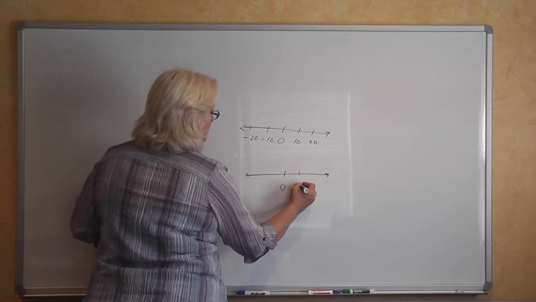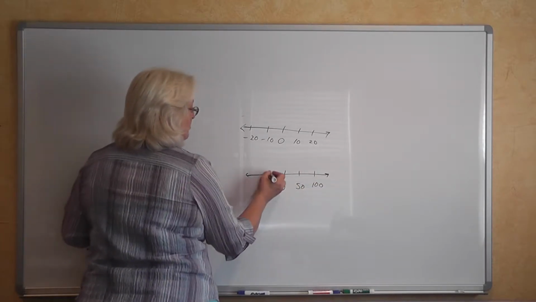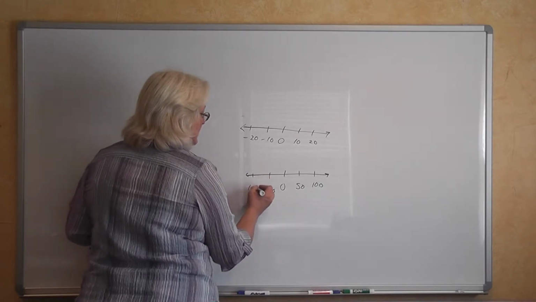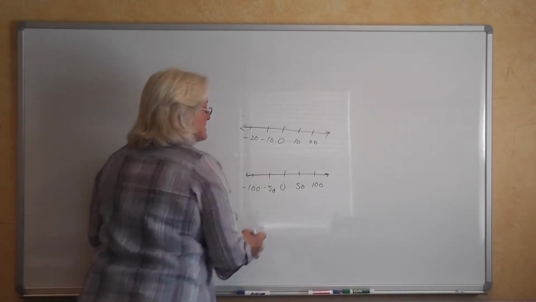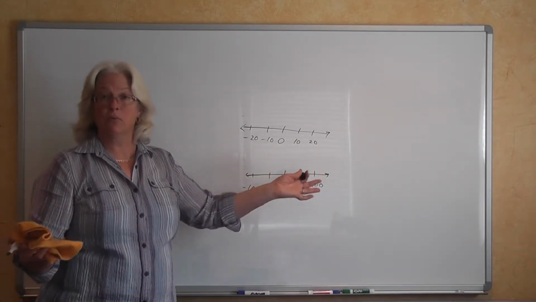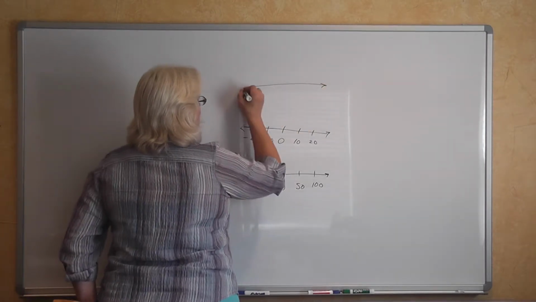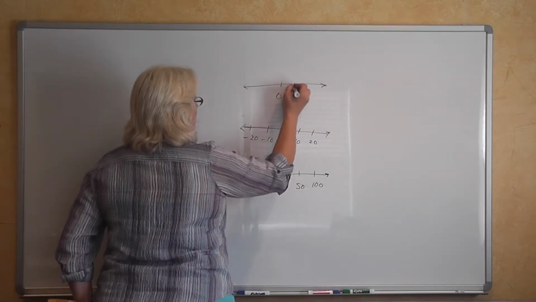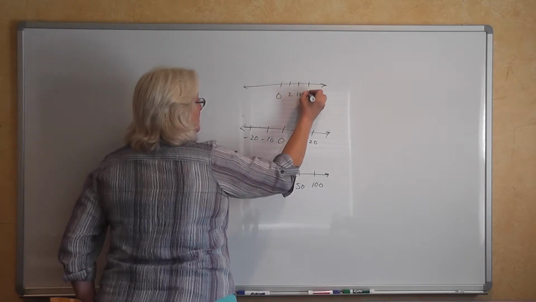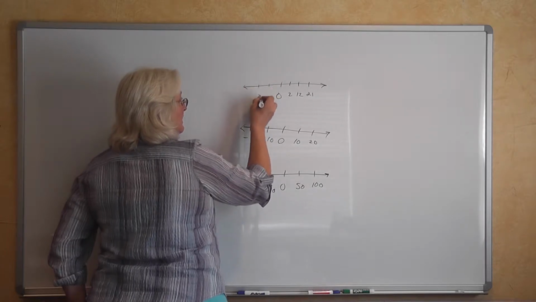This right here would also be a correctly drawn number line. That's a negative 50, not a negative 56, because the pattern is the same. What would be an example of a number line that doesn't work? That would be for you to do: 0, 2, 12, 21, negative 1, negative 2.